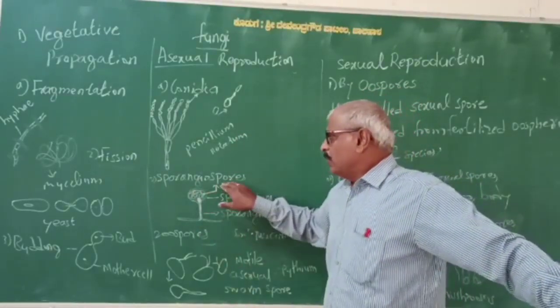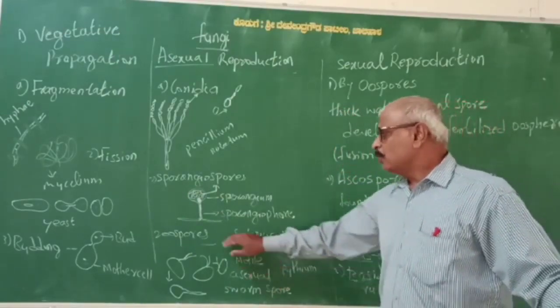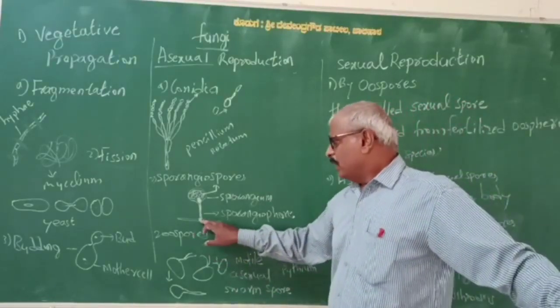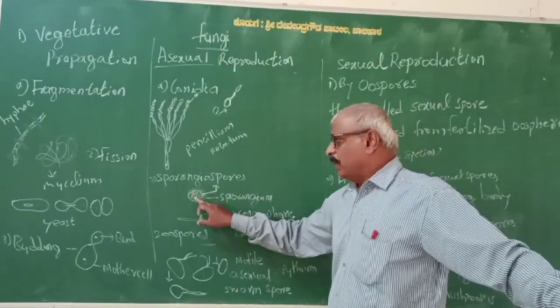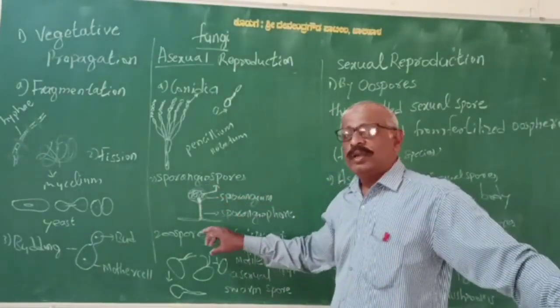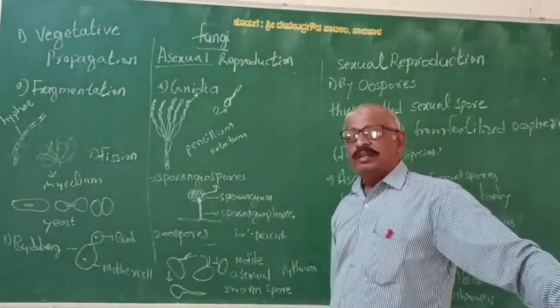One more example is sporangiospores, which we see in Mucor. From the hyphae, the fruiting body develops. A spore-bearing structure is called a fruiting body. In plural we say sporangia.